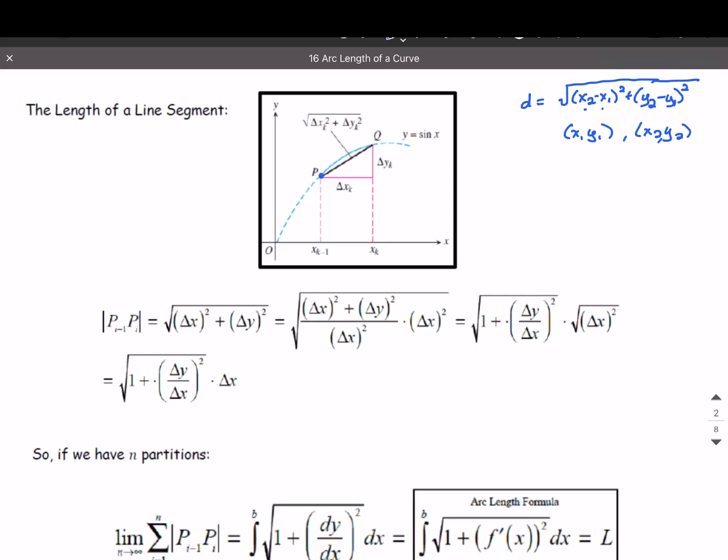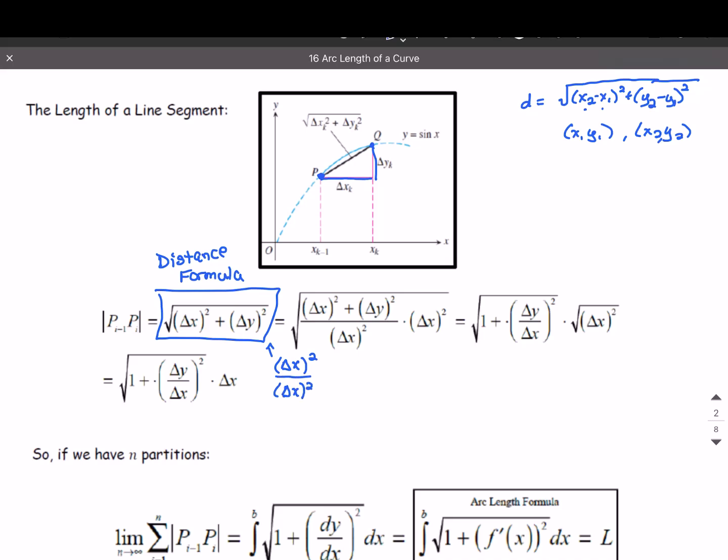So we can look at the length of the line segment as the square root of the change in x squared plus the change in y squared. This is our typical distance formula that we learn in geometry. Now, because I know where I'm going, I'm going to multiply this by 1, but I'm going to make the 1 look like delta x squared over delta x squared.